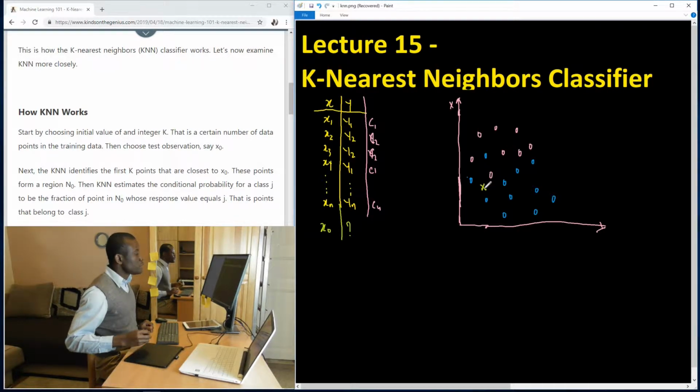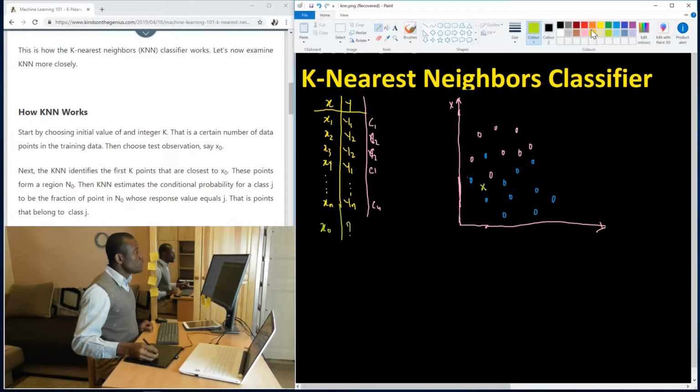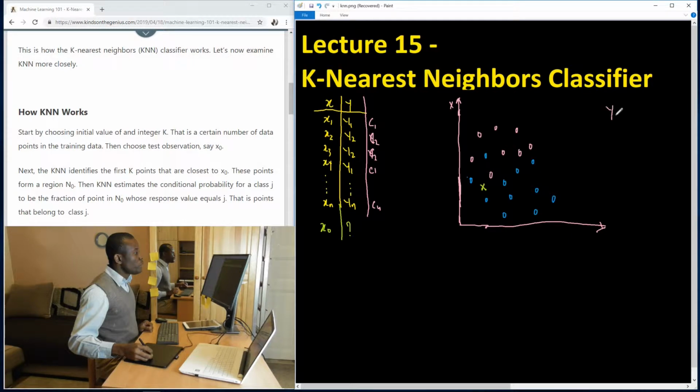So this is where X0 falls, and we need to classify X0 into one of these 2 classes, either Y1 or Y2. So let's represent Y1 and Y2 using color codes. Y1 is pink and Y2 is blue.